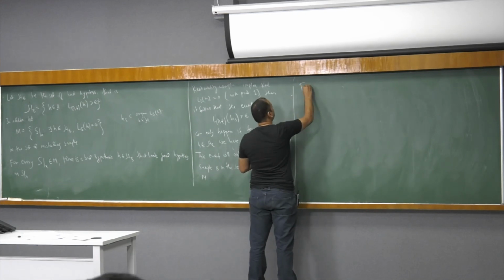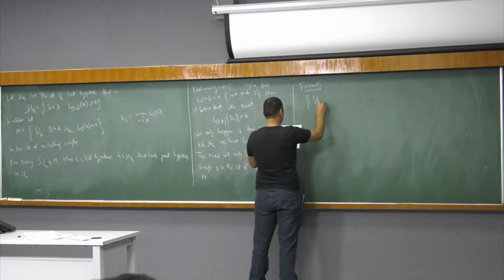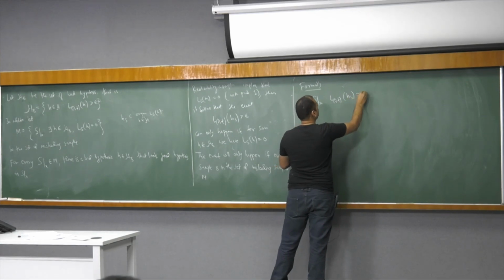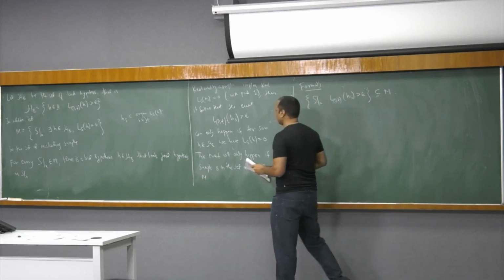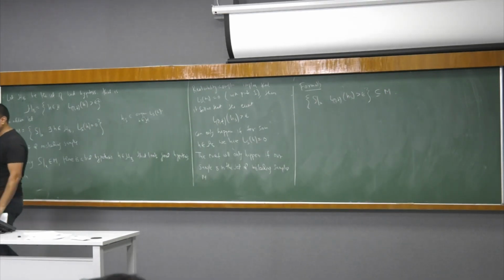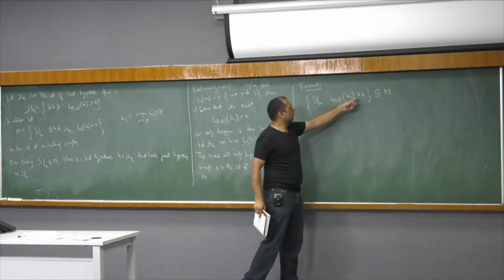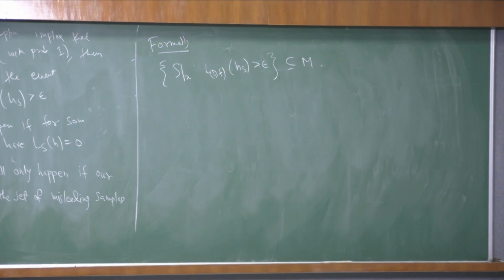So formally, in terms of sets, what we have shown is that {S_X : L_D,f(h_S) > epsilon} should be inside the misleading samples. So whenever this is greater than epsilon, then that must have come from misleading samples. So it must be a subset of the set of all misleading samples.